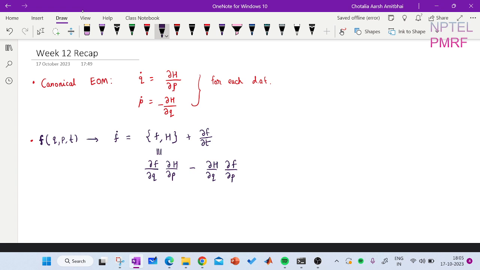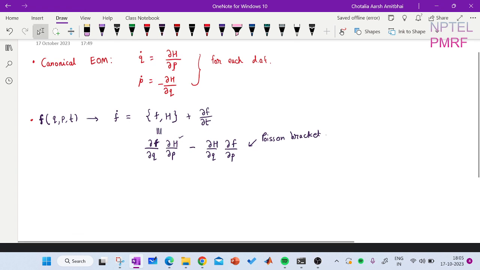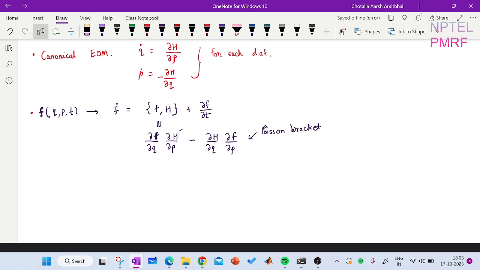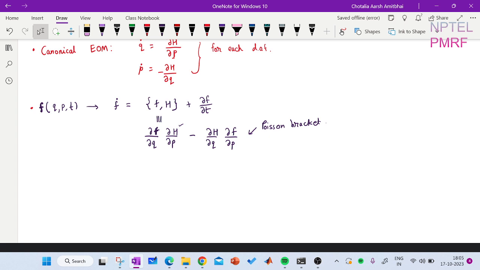This is the definition of the Poisson bracket of two functions. In our case, f is the first function and H is the second function, but in principle it could be anything. And why is it important? Because when we take the time derivative, it naturally appears.